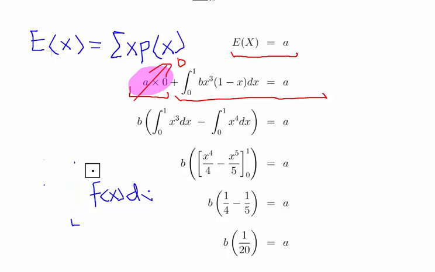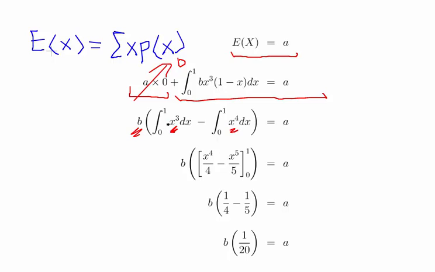Again, it's really the continuous part of the distribution that we're particularly interested in here. It's very similar to what we've done before actually. We have b times x cubed times 1 minus x dx. So factor out the b, and we have x cubed minus x to the power of 4.